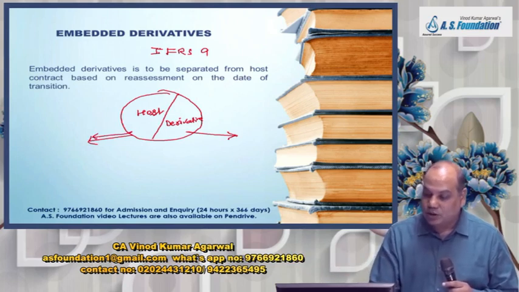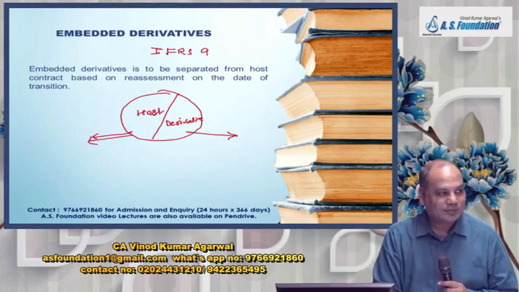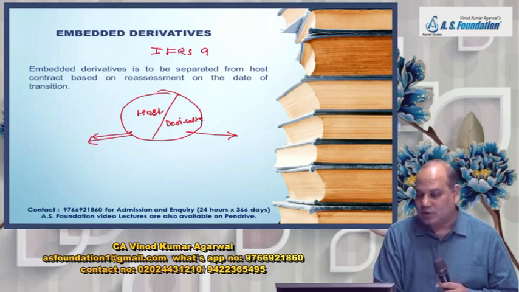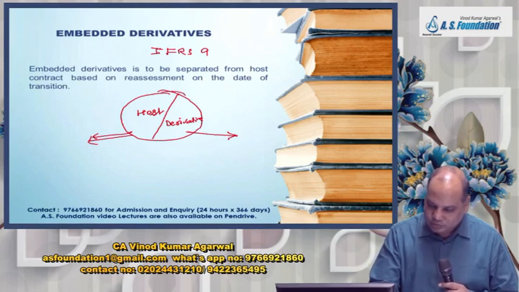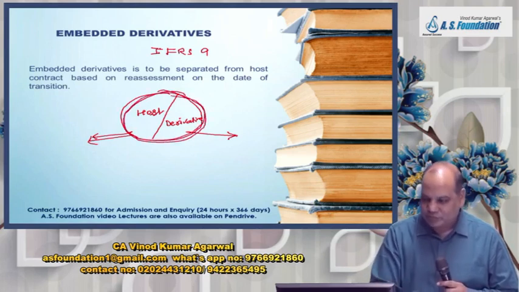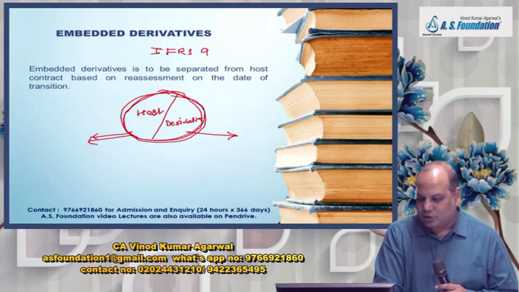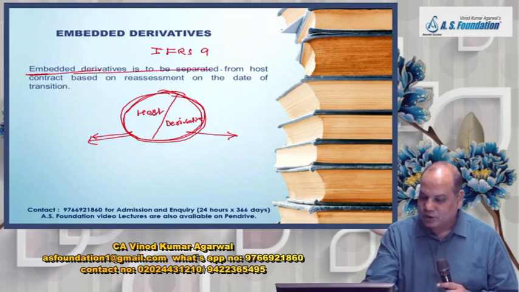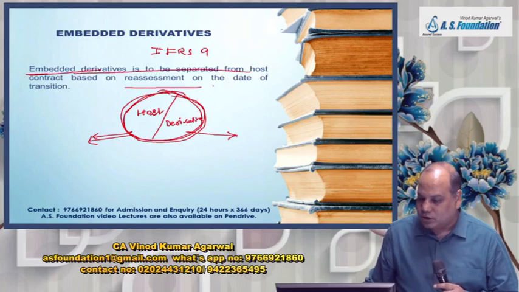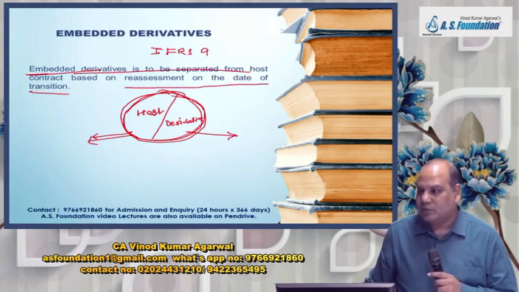But you may have entered into such a contract before the date of transition. Now again, considering the time, effort and cost involved in bifurcating this hybrid contract into host and derivative, ignore all previous contracts and apply the standard IFRS 9, that is, separating the derivative from the host contract based on reassessment on the date of transition.